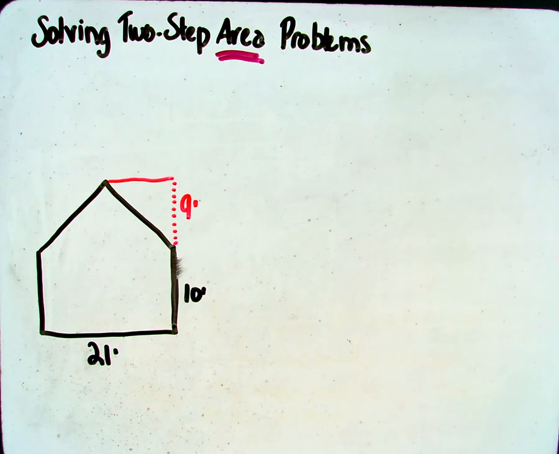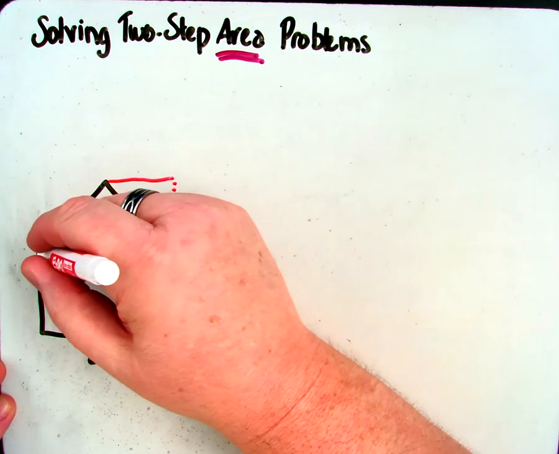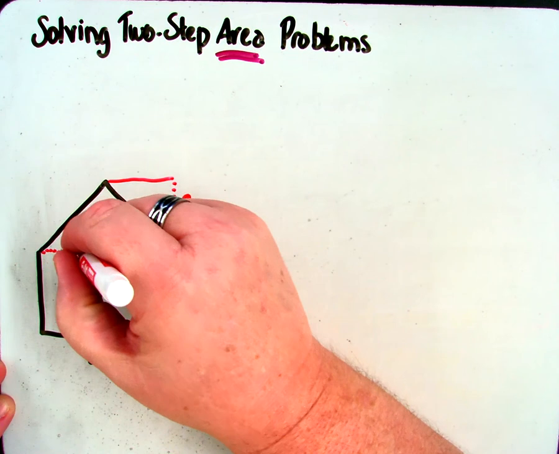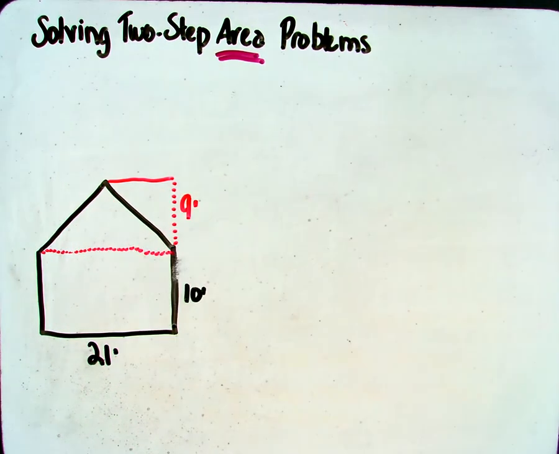Now here we have a shape that can be divided into what? Very good. A triangle and a rectangle, because we can make a horizontal cut here. Okay.